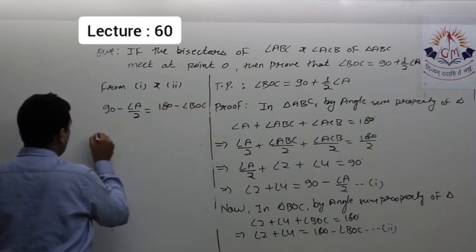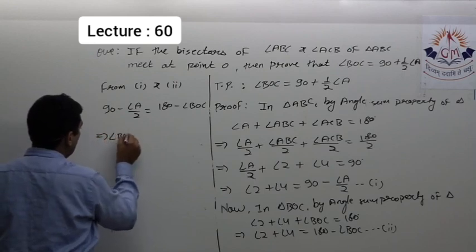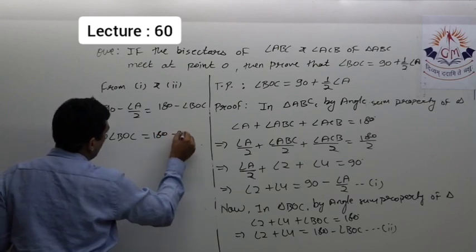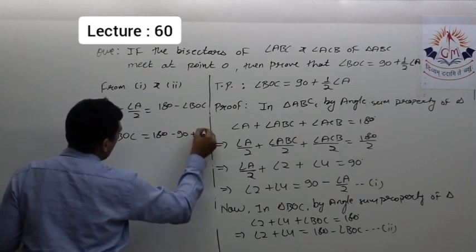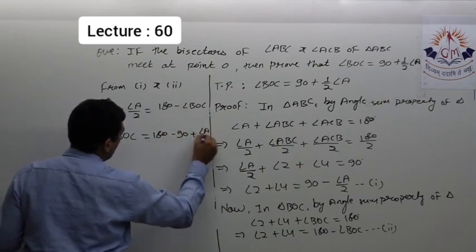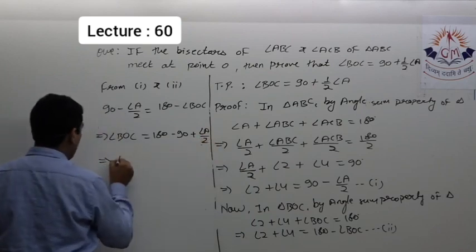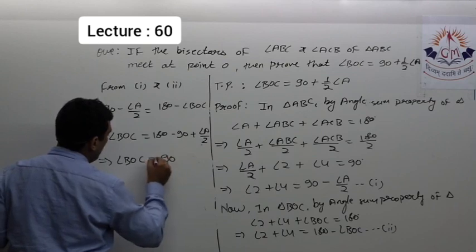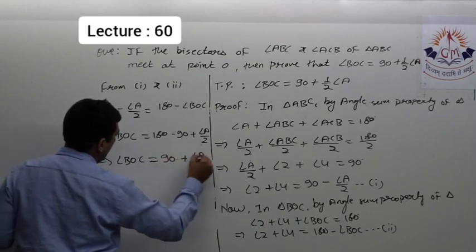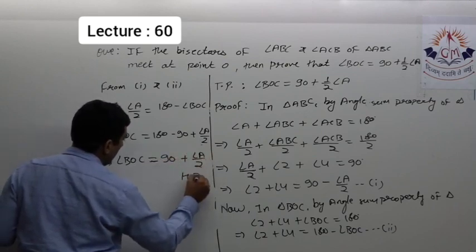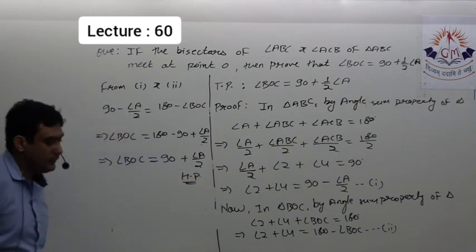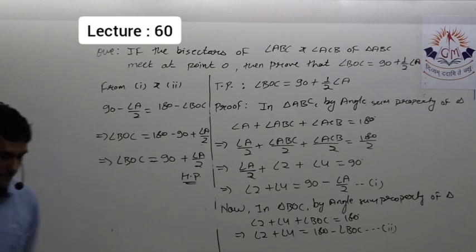So angle BOC I'll take on this side, and remaining 180 minus 90 plus angle A by 2. So ultimately I got angle BOC is equal to 90 plus angle A by 2, hence proved. Okay, so please note it down, then we'll see the next question.